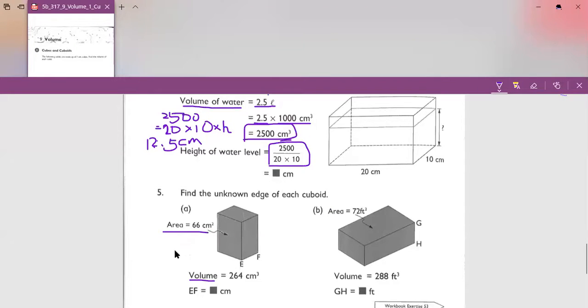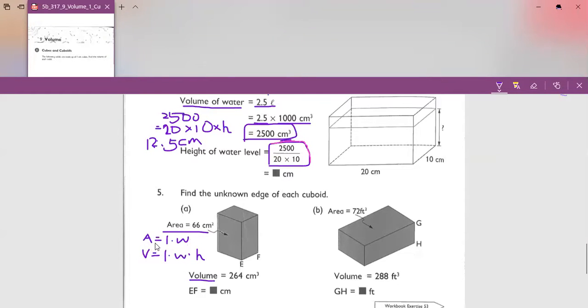Let me refresh your memory. The area of a rectangle equals the length times width, and the volume of the cube is length times width times height. Those are the formulas we've been learning from the past.